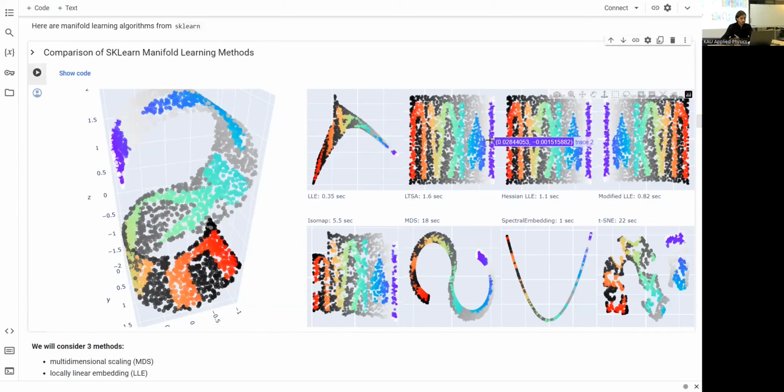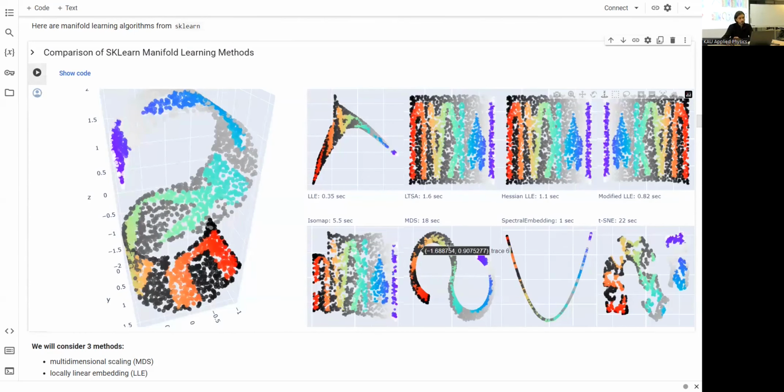And if you look carefully, you can see that the structure was basically preserved. So the points that were close to one another are still close to one another. Here is Isomap. Once again, it was not very perfect, but still some structure is seen, so it has preserved some structure.